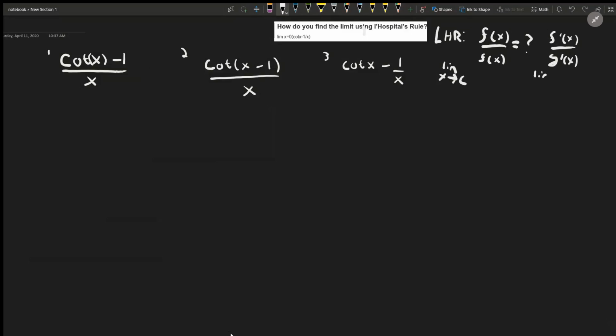Take that same exact limit, x approaches c, to the same value, and it'll actually be the same exact limit for this function here.